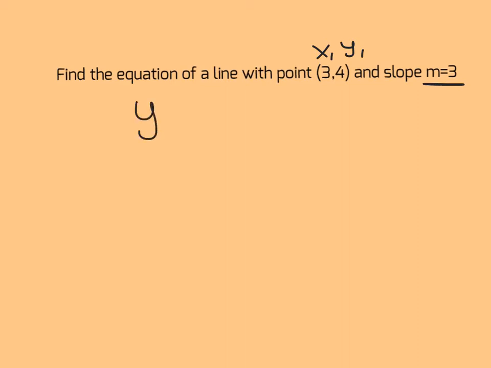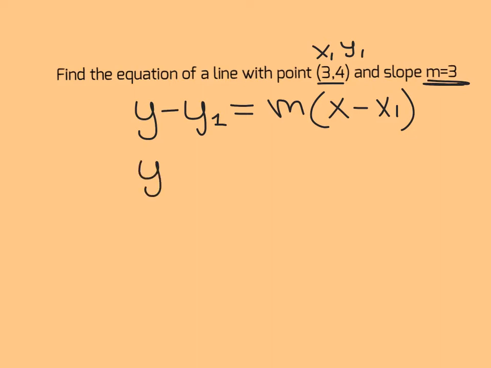If we look at our formula, y minus y1 equals m, x minus x1, all we're going to do is substitute the point and the slope into the formula. So we have y minus y1, which is 4, equals m, which is 3, x minus x1, which is 3. And then all we're going to do is simplify.